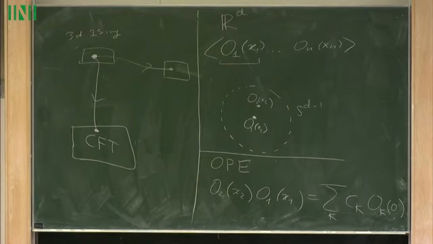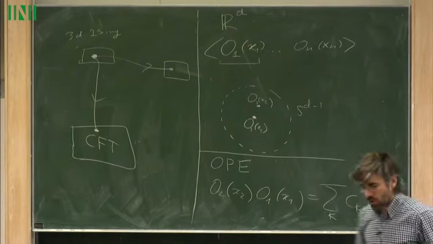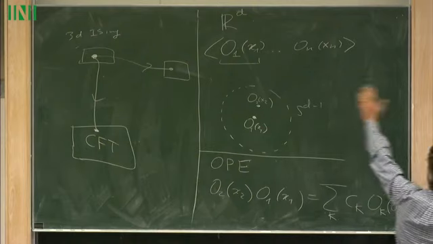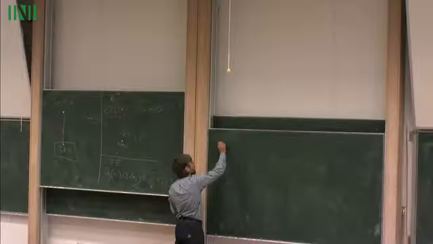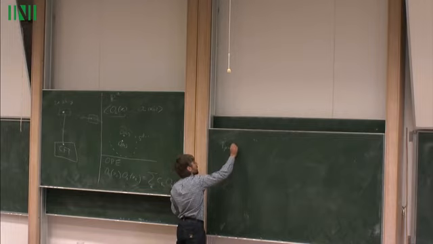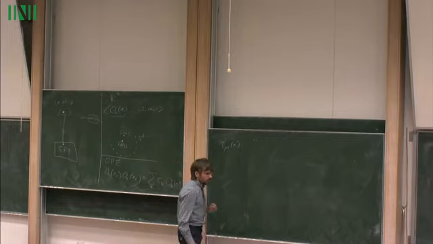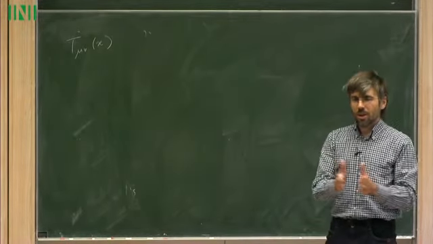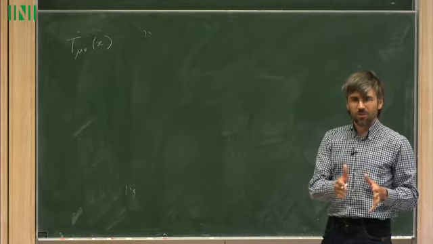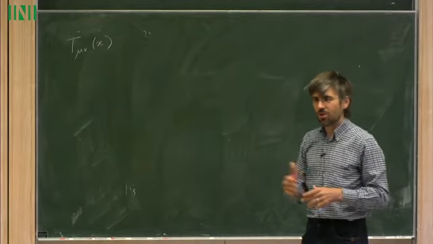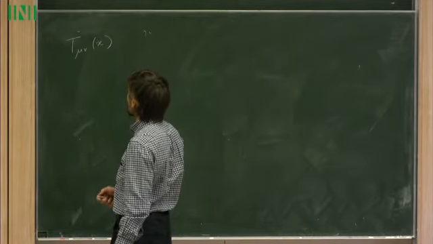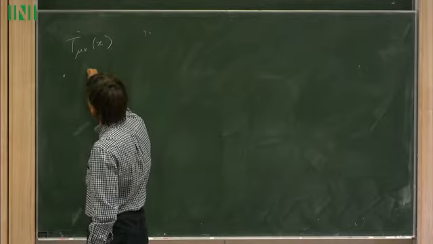The most powerful way to understand why conformal symmetry emerges is to try to reduce conformal symmetry to the existence of a very special operator among this list of operators, which is the stress tensor operator. It appears that any critical point of a theory which is described on the lattice by a local, for example, nearest-neighbor action or Hamiltonian, contains this special operator T_mu nu of x, which satisfies two rules.